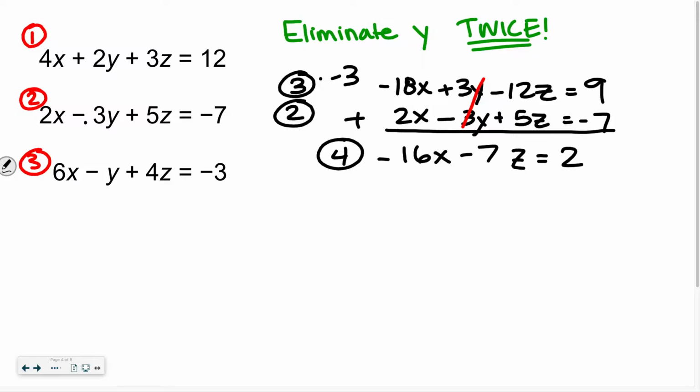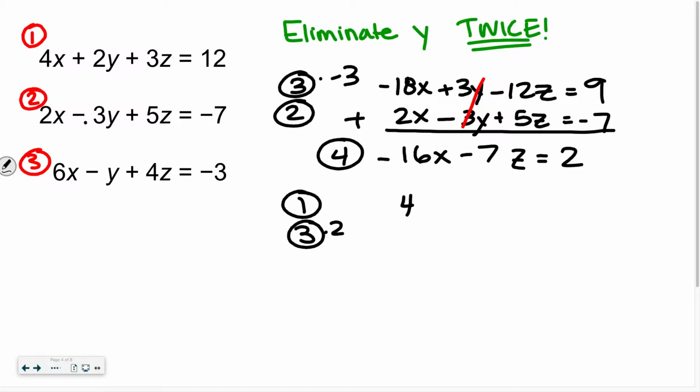Again. So probably want to use equation 3 and 1. Multiply 3 by 2, so that we'll get a negative 2y and a positive 2y. So I'm going to do 1 and 3 times 2.